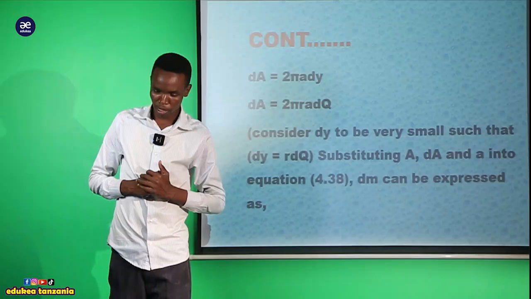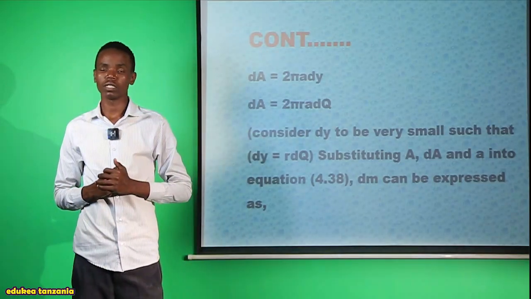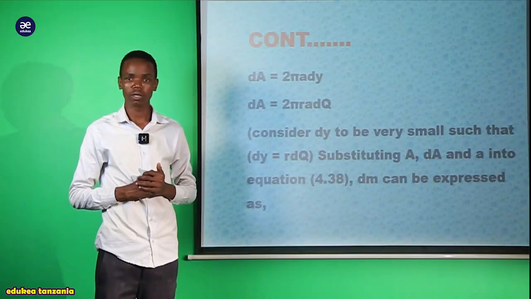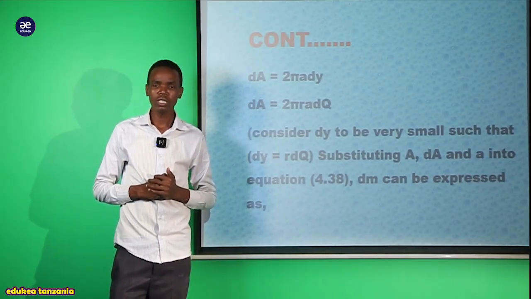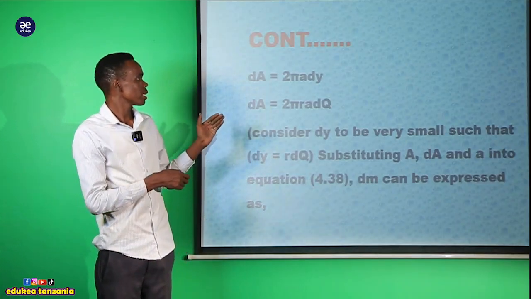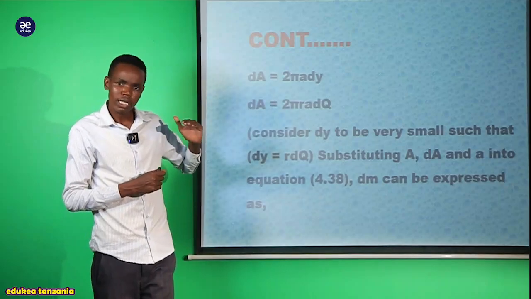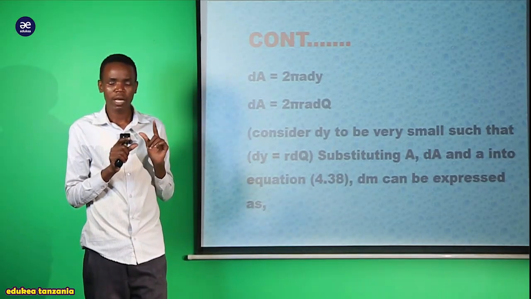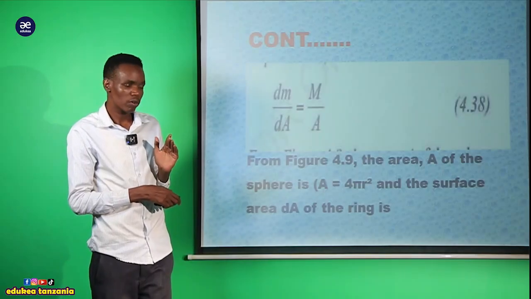This is the formula. How can we obtain the surface area for the elemental ring? After this, what are we supposed to do? As I told you, the area for the whole sphere equals 4 pi r squared.